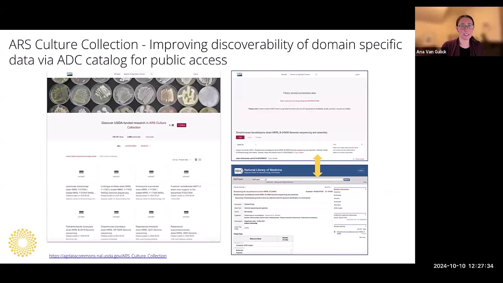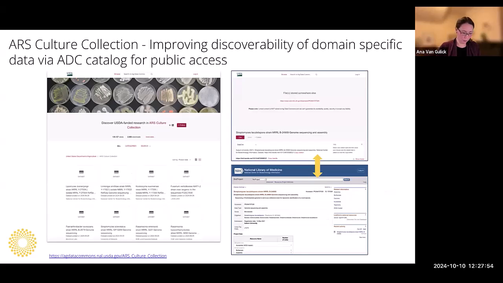So here's the culture collection in Ag Data Commons. Since the data is genomics by nature, it lives in NCBI repositories, which is most appropriate for this type of data. But the metadata and the links to the NCBI landing pages are harvested from NCBI's BioProject by the Ag Data Commons.